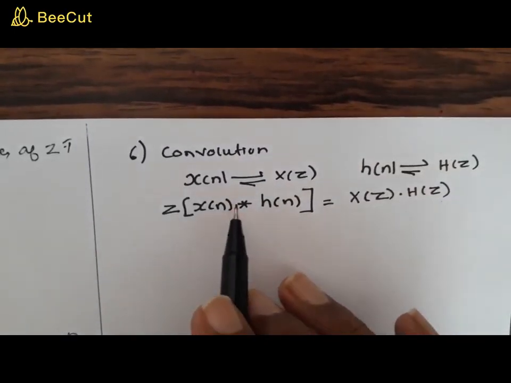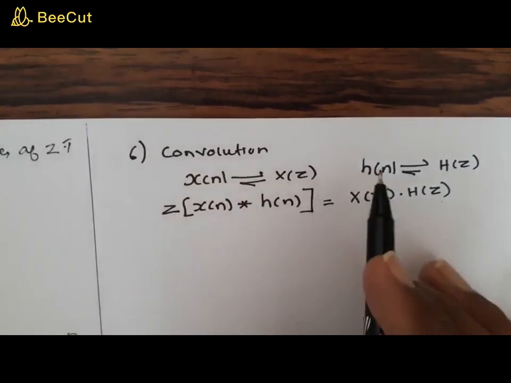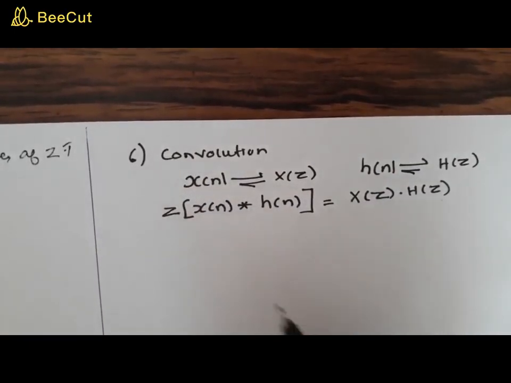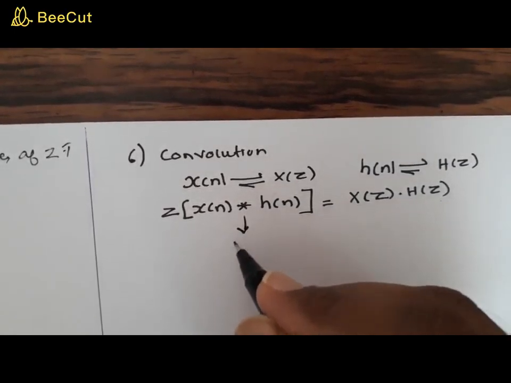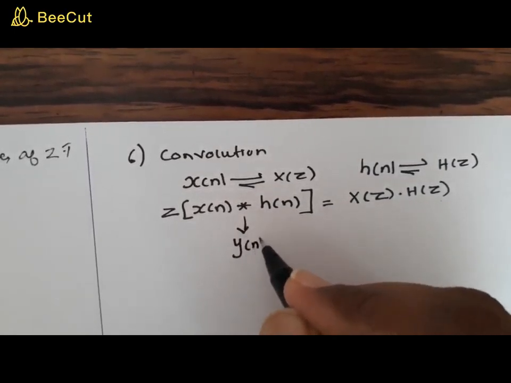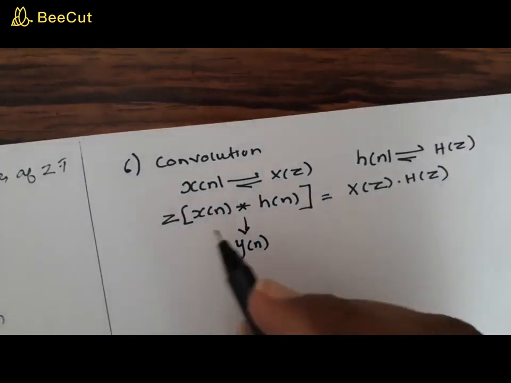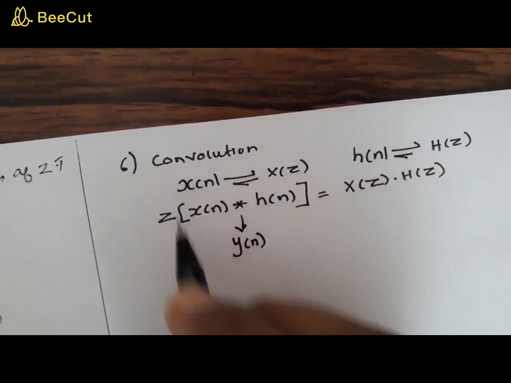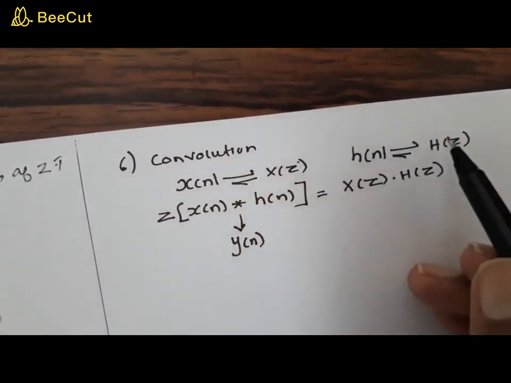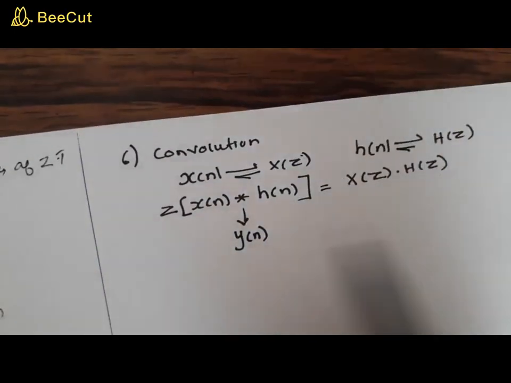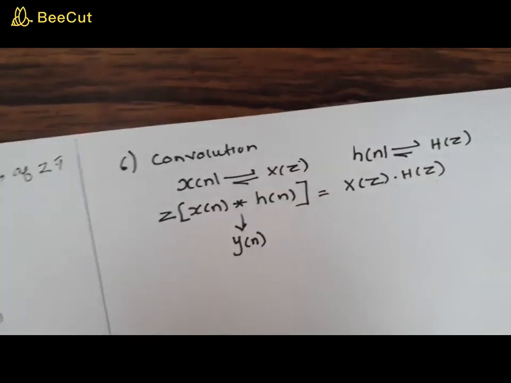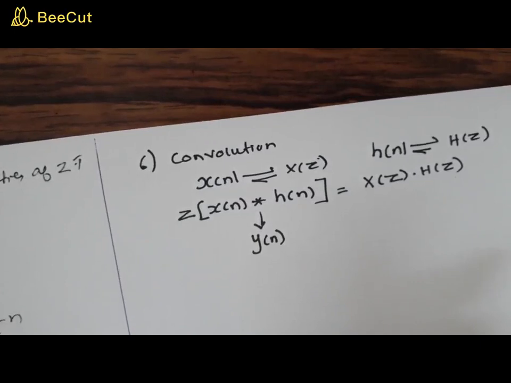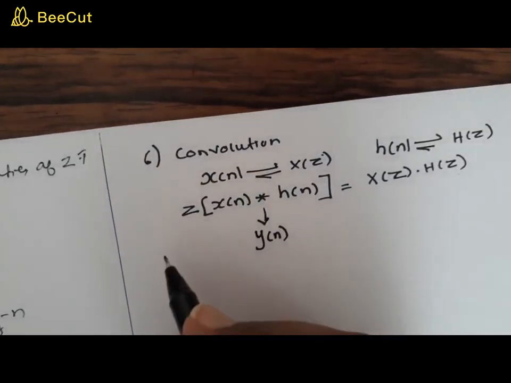The convolution property states that if you convolve these 2 time domain signals, that convolution, let us call it y of n, will be another time domain signal, so it can also have a z transform. That z transform is nothing but the product of these 2. You are very much familiar with this property because we have been studying it under different topics.